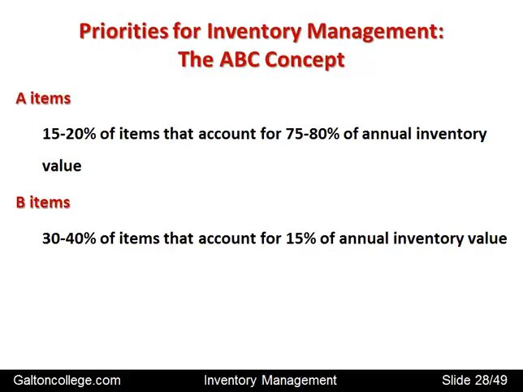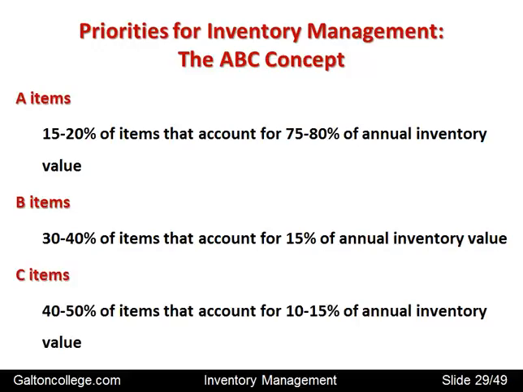They're not so valuable. And the C items, we have a lot of these perhaps, and they are quite cheap. They're perhaps not that important. They're important in terms of production, but they can be replaced easily. They can be found easily. They are not specialist. They're quite cheap items.